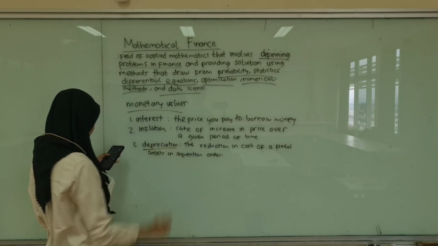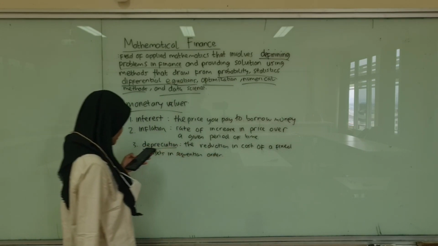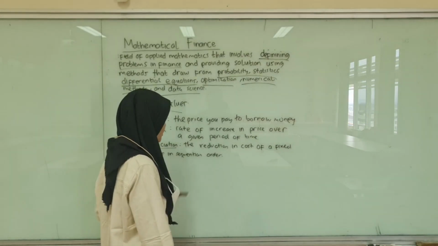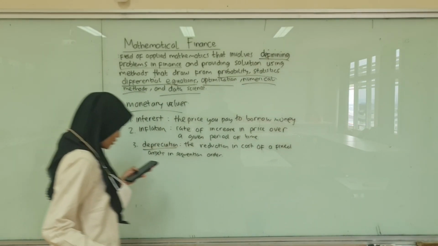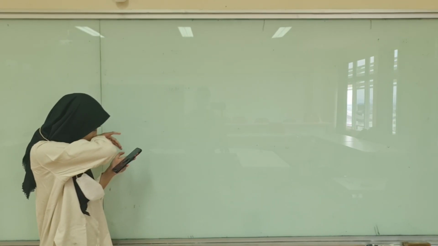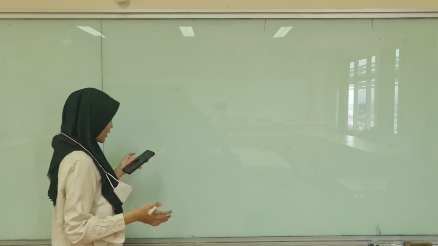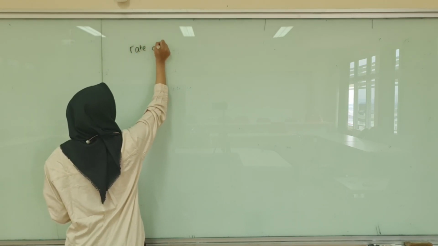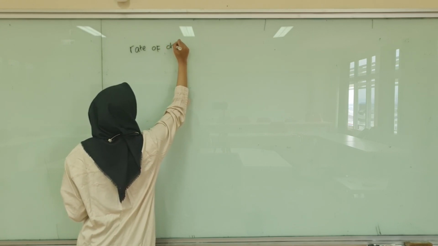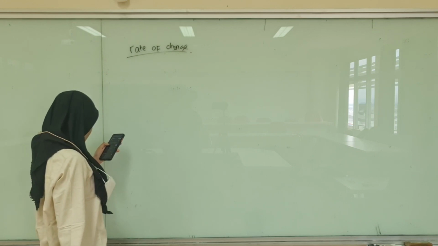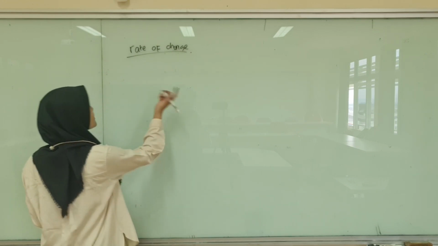Depreciation itself can happen due to wear and tear until the asset becomes obsolete. Okay, so based on the three types of monetary value, we can calculate the rate of change. So what is the rate of change?